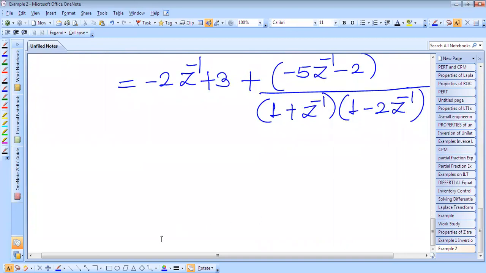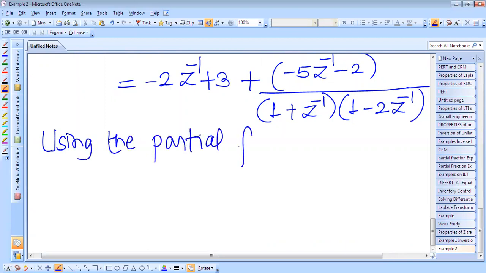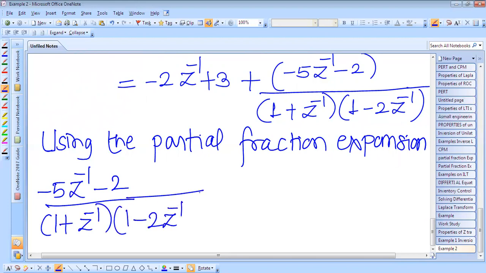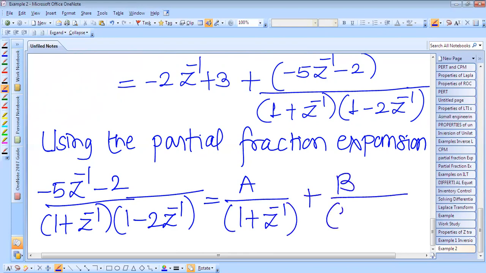So using the partial fraction expansion, we may now have, for the second factor, a over 1 plus z raised to power minus 1 plus b over 1 minus 2 z raised to power minus 1.